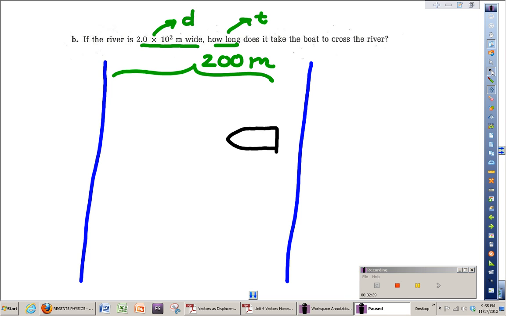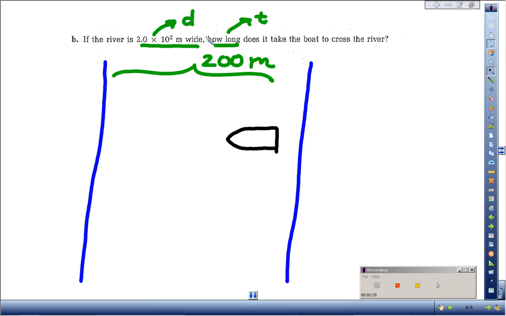But here's the hint. That distance that it travels is only the distance wide of the river. And if you were to break this down into, say, an X and a Y view, then really they're talking about the distance in the X direction.